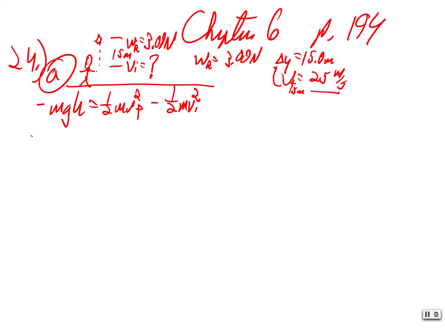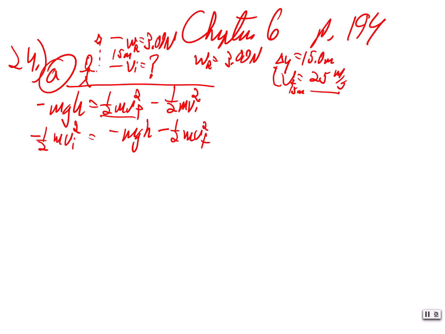But first thing I want to do is just isolate the initial velocity by subtracting 1/2 mv squared final from both sides. So it's going to look like this. Negative 1/2 mv squared initial is equal to negative mgh minus, because I'm going to subtract this from both sides, 1/2 mv squared final, okay?